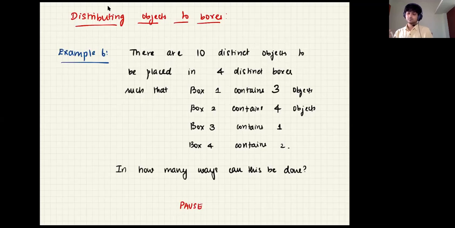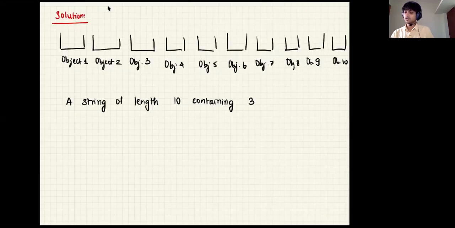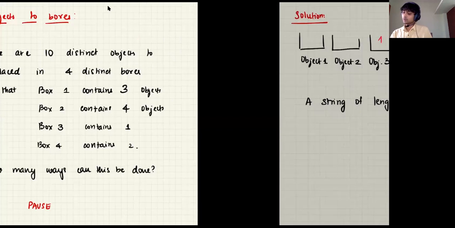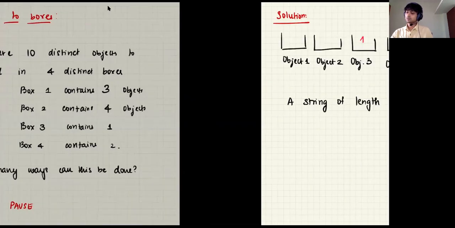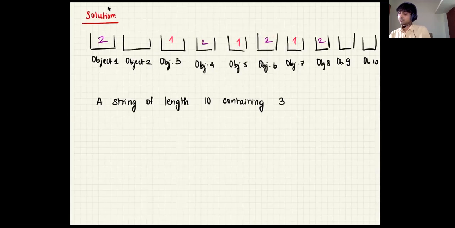Okay, so 3 objects should go to box 1. Then 4 objects should go to box 2. So let me put box 2, box 2, box 2, box 2, and box 3 contains 1.